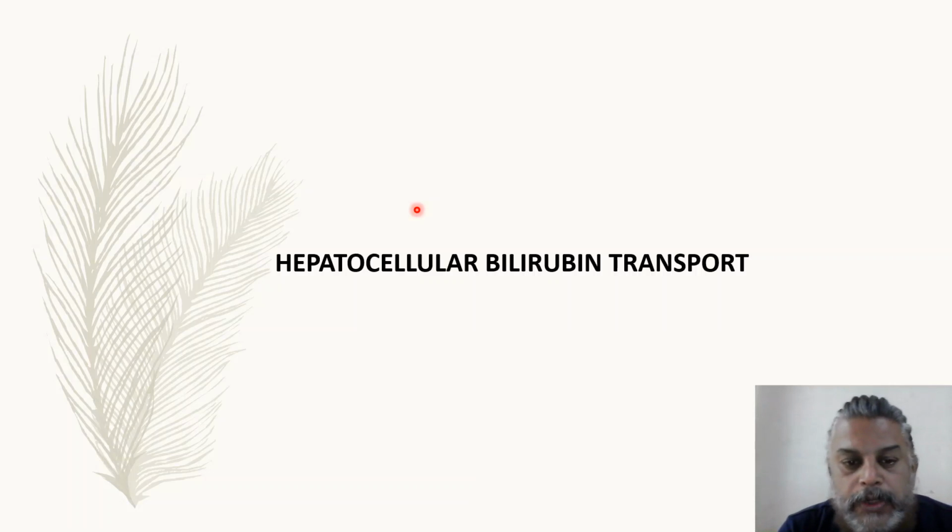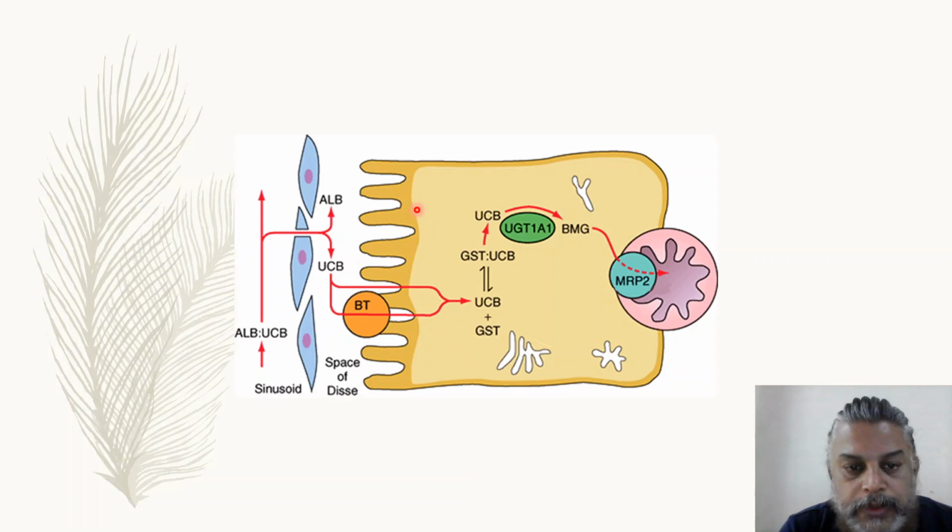A little about hepatocellular bilirubin transport. As we have discussed, this unconjugated bilirubin from the reticuloendothelial system is carried in the blood with albumin.